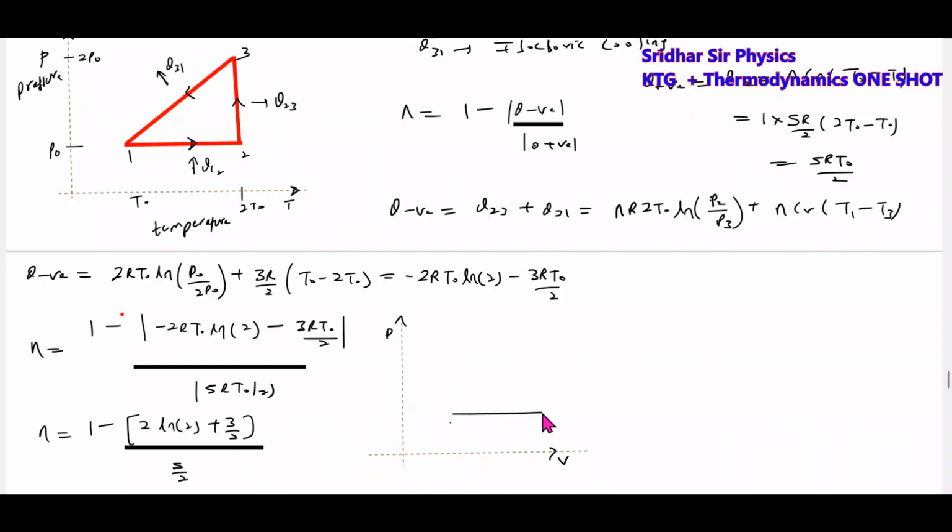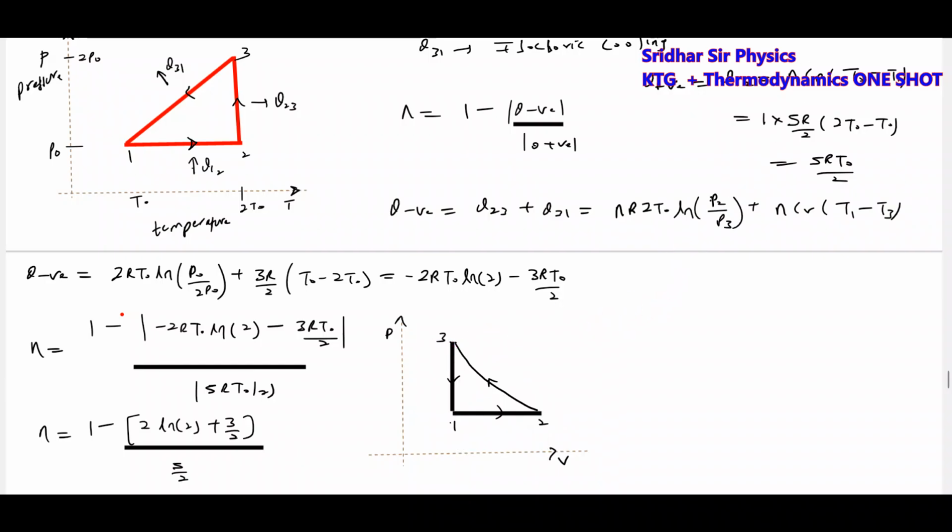Put it like this, the curve. Then isothermal expansion, isothermal compression. Isothermal compression means volume will decrease. Then isochoric cooling. This is the graph. 1, 2, 3.